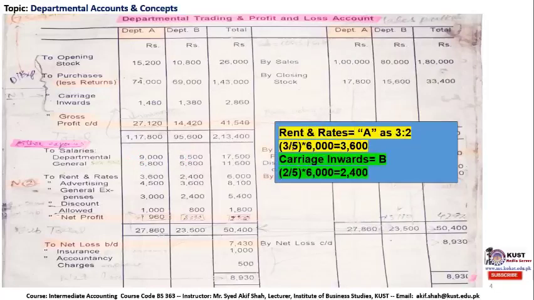We divide 3 by 5, since we add these two ratios to come up with the accumulated division point, which is 5. So 3 divided by 5 multiplied by the total amount of rent and rates given in the question. For Department A, the rent and rates value is 3,600, and with the help of this formula, for Department B it is 2,400.